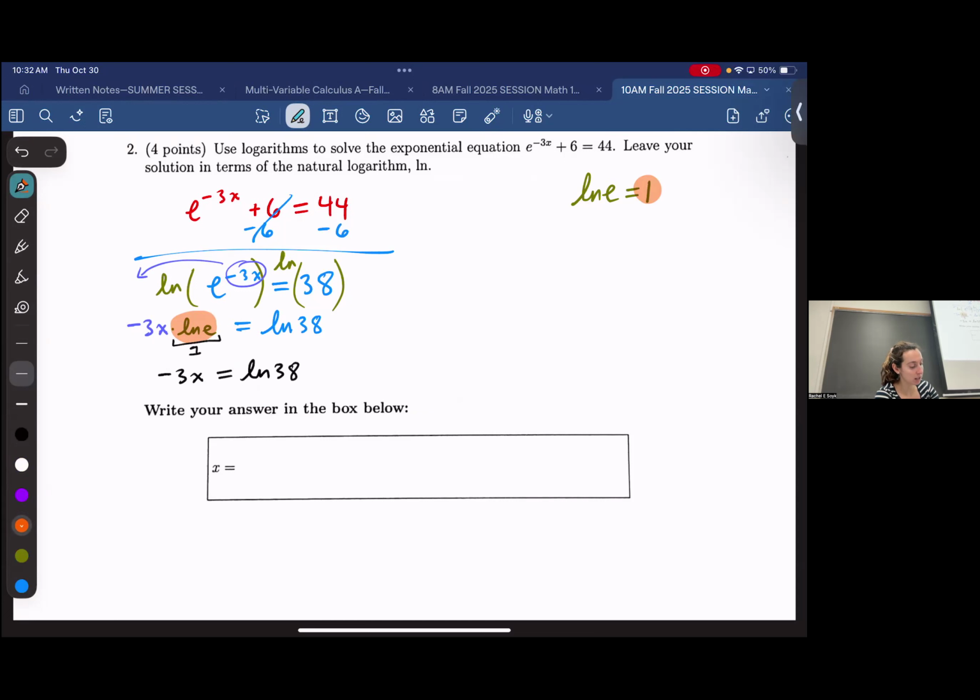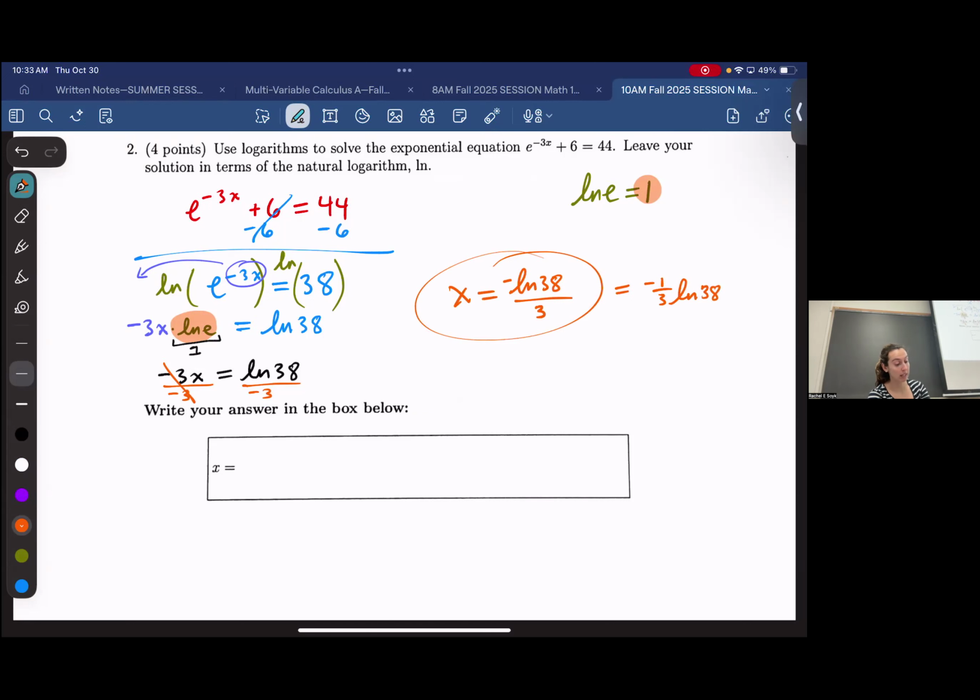And then last but not least, we're going to divide both sides by -3. So our final result is our natural log of 38 over -3. We could also stick that negative in the numerator. You can write this a bunch of different ways. It can also be written as -1/3 times your natural log of 38.